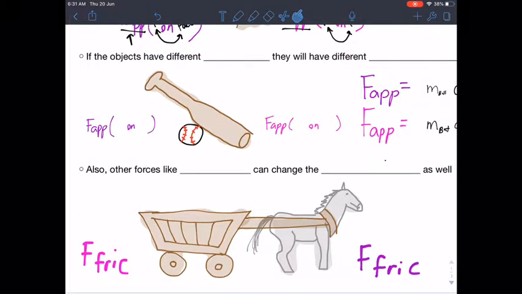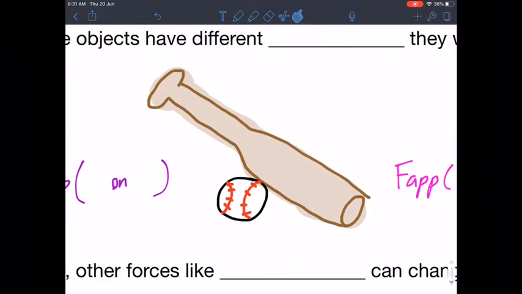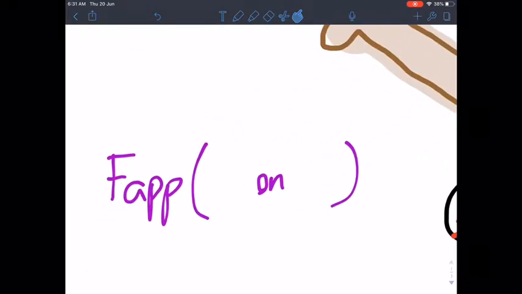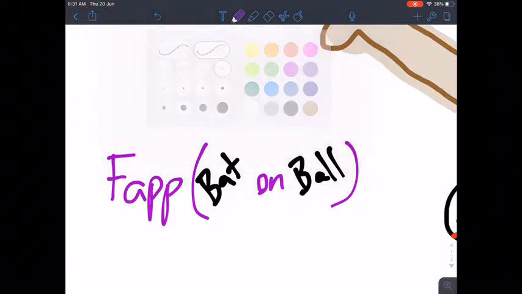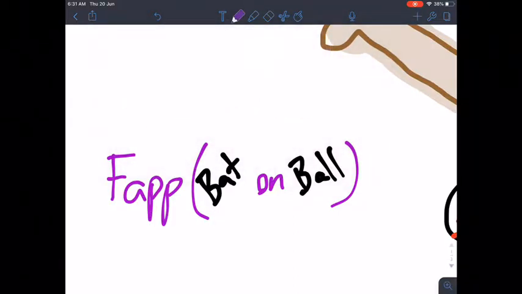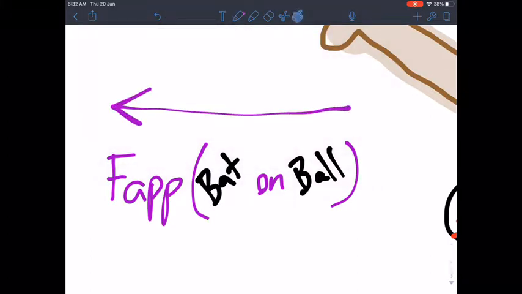Okay, what about this? Got a baseball and a baseball bat. Well, we know that there is going to be a force applied from the bat on the ball, and that force is going to point this way to the left.